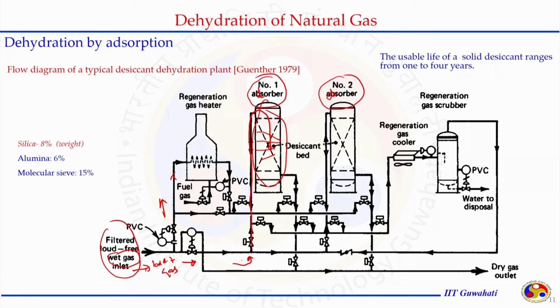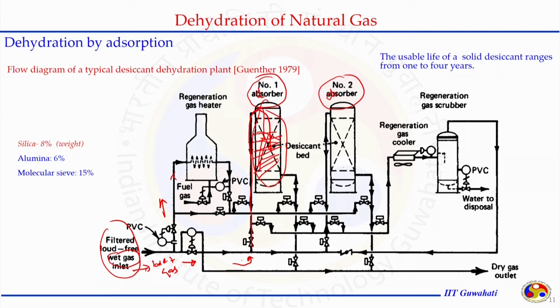So, in the tower, gas is passed from the top, not from the bottom. The reason for passing from the top is that we are not going to disturb the packing of the solids in the tower because of the high velocity of the gas.